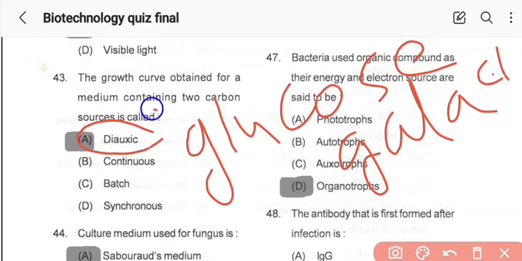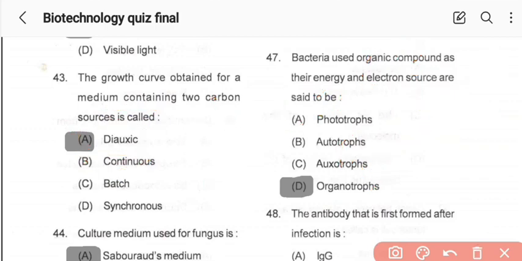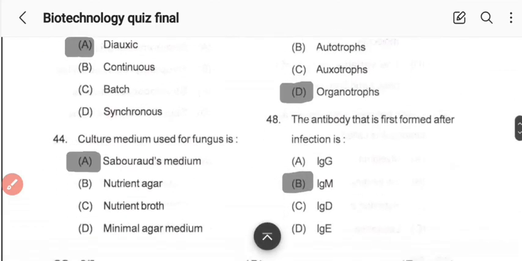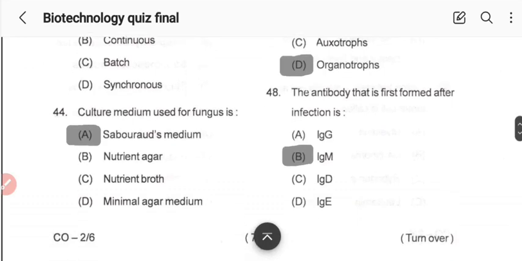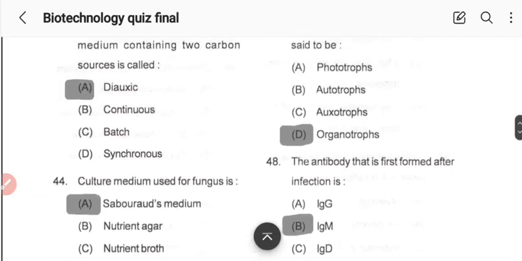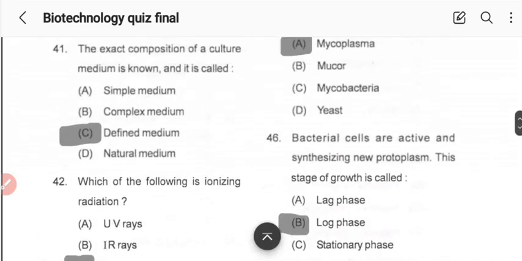This kind of growth curve is called a diauxic growth curve. Next, the culture medium used for fungus is called what? Sabouraud medium. Next question, 45.